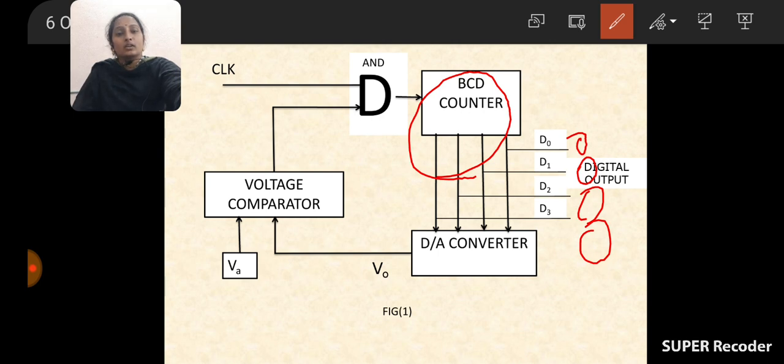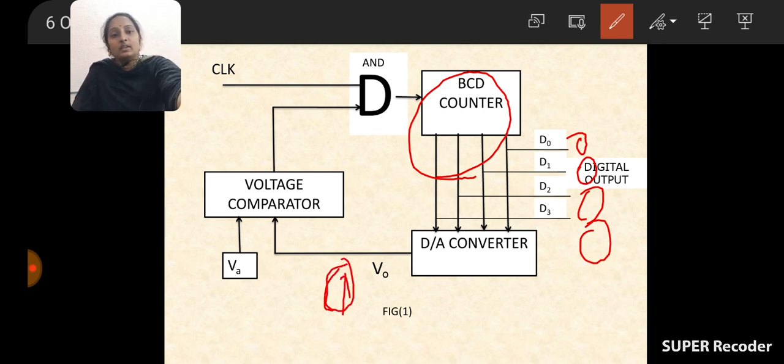After resetting the counter, you should apply the input voltage across the voltage comparator. Because of resetting the counter, the digital values are 0 0 0 0. So now the D2A converter is getting only 0 0 0 0, and the voltage V0 is also 0.